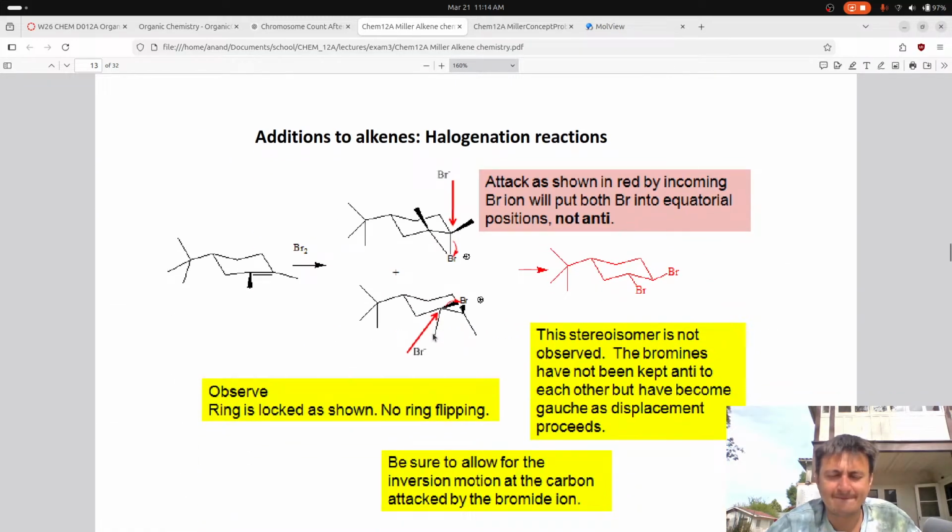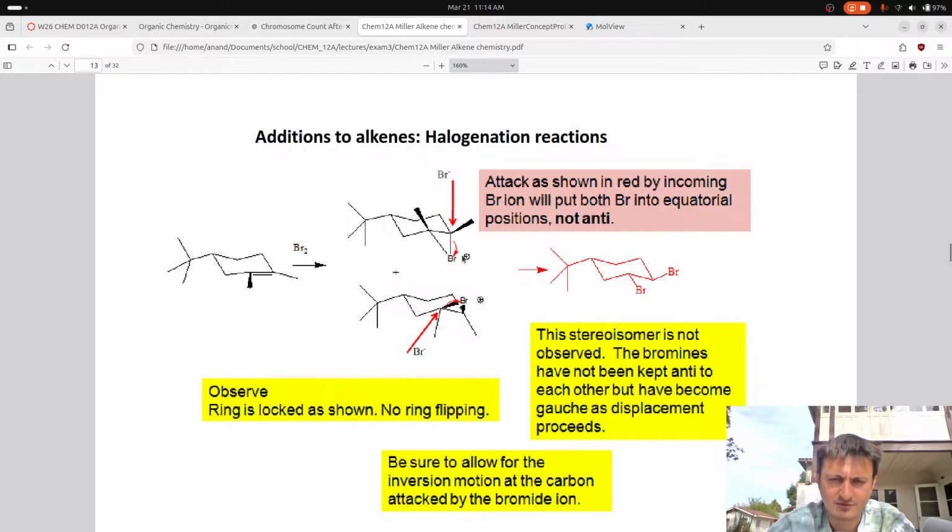Okay, this one's interesting. I had to write this mechanism out. So, alkene addition, halogenation on a ring, where the alkene is on a ring. So, let's imagine that the alkene attacks the molecular bromine on the bottom side.